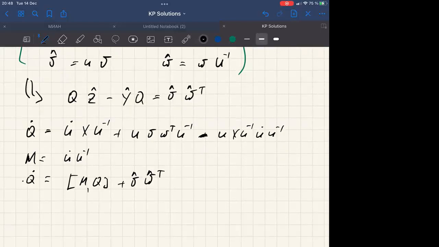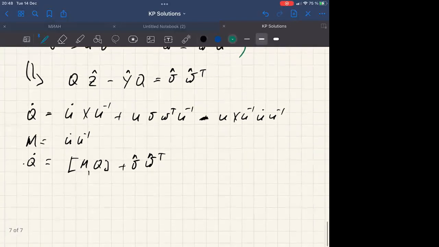Now we know that this matrix is diagonal. This means that this is also diagonal.